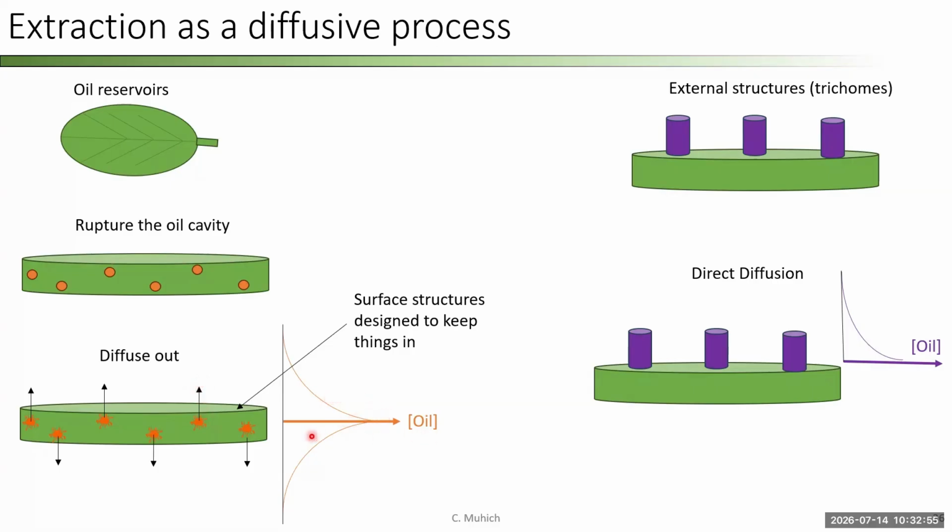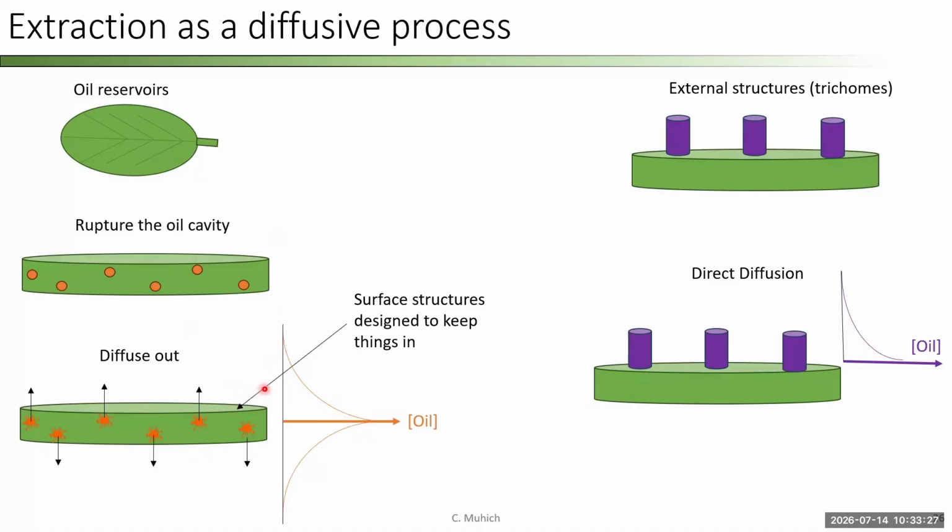And what that looks like is here I have a diagram where this vertical line indicates the distance from the center of the leaf. This line indicates what the oil concentration is. We end up having these curved gradients. So the farther away I get, the lower the concentration, and it asymptotically reaches zero.